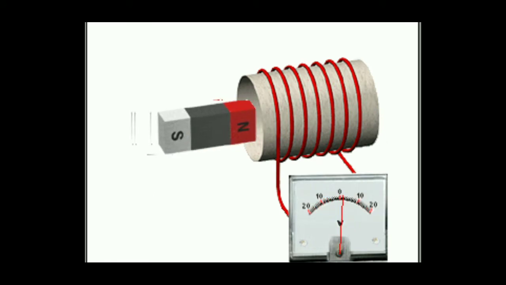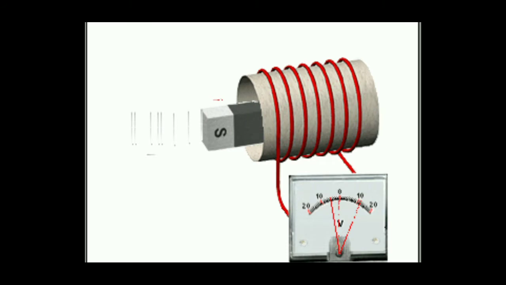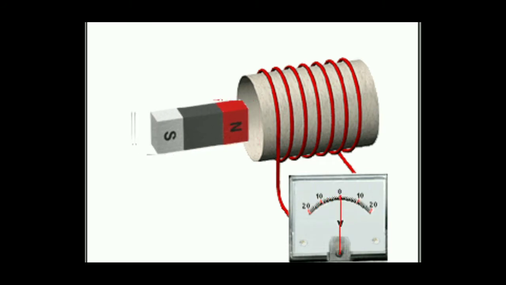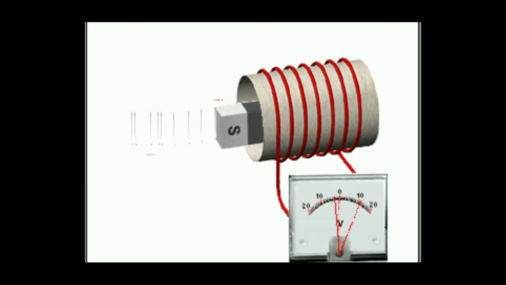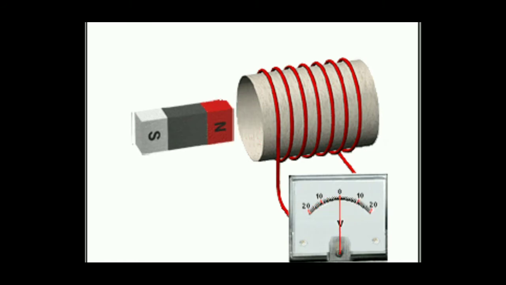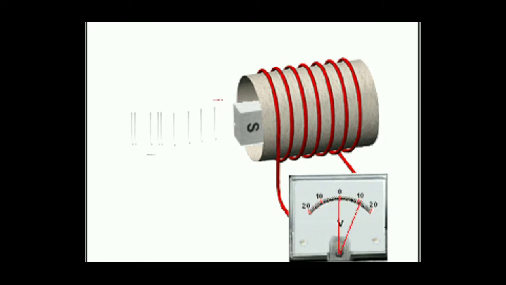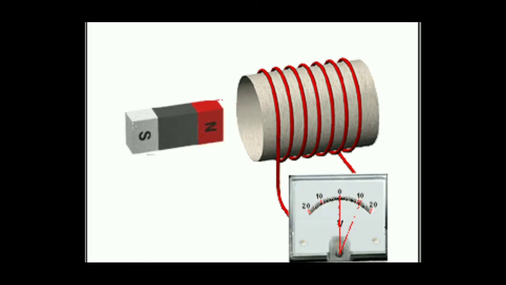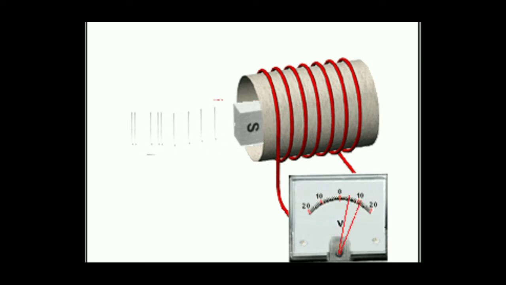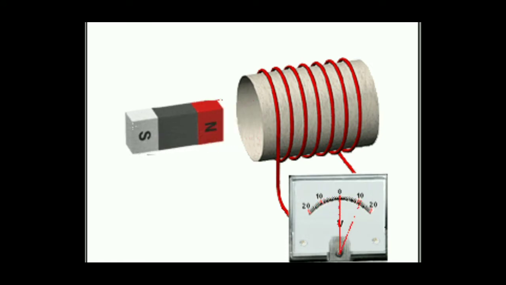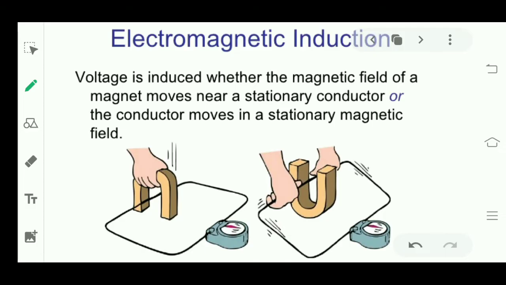If both are not in a stationary position, if both are moving, or if both are at rest, then what will happen? This idea was given by Faraday, a scientist who experimented on this.